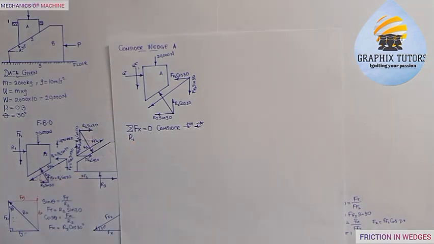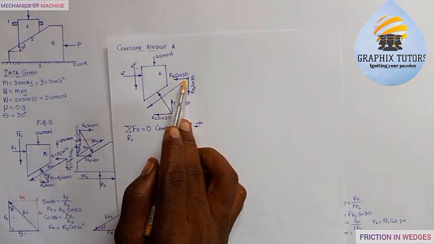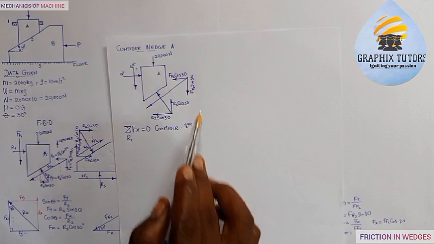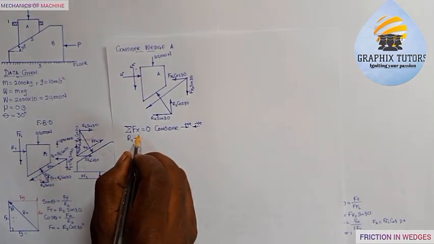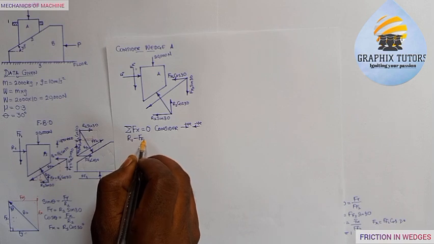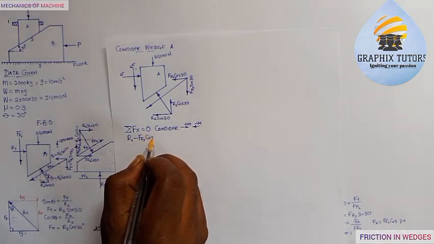Now the next thing, look at this force, it is also lying down but facing backward, and any backward force is negative, so we have minus frictional force 2 cos 30.